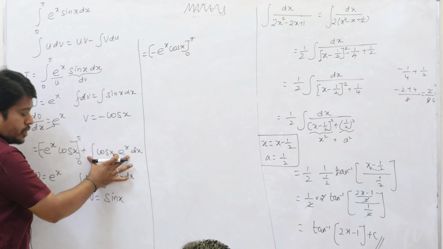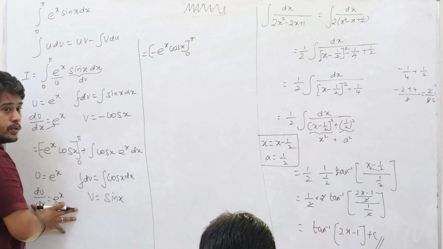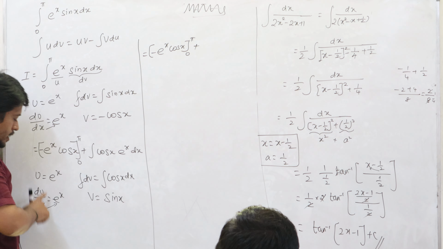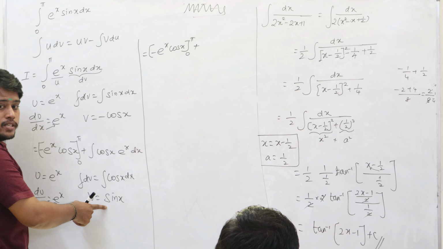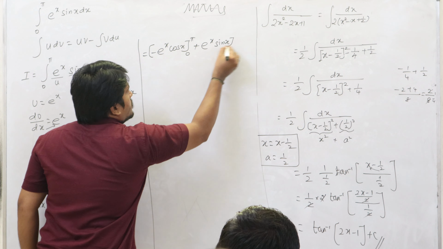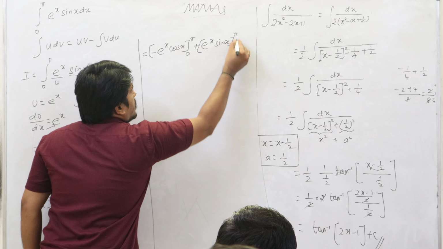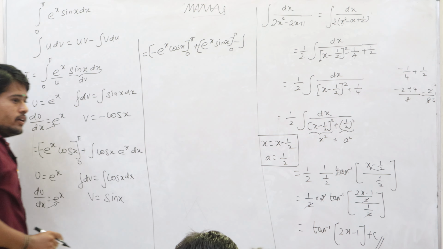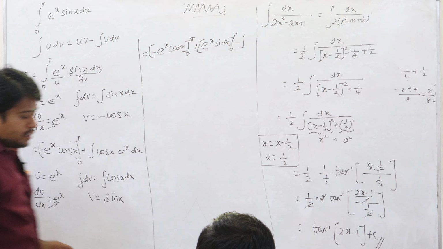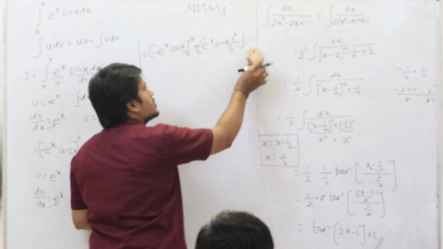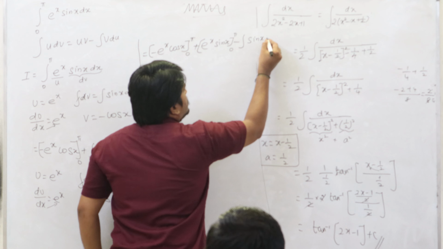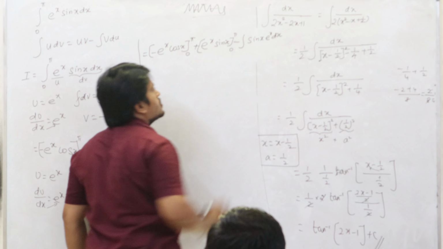We have to expand this into the udv formula type: uv, e power x sin x with the limit 0 to pi, minus integral of v du, sin x into e power x dx.